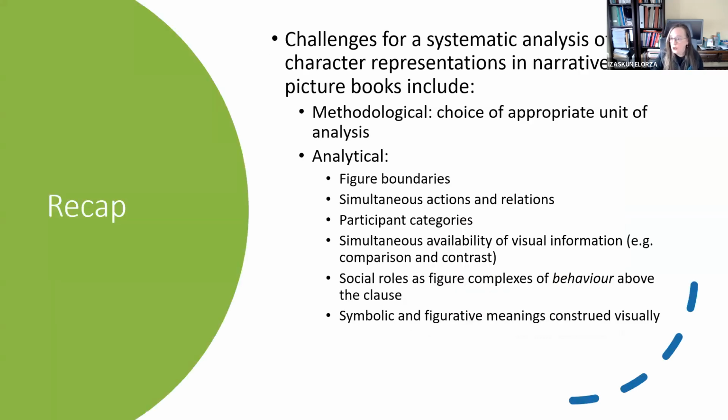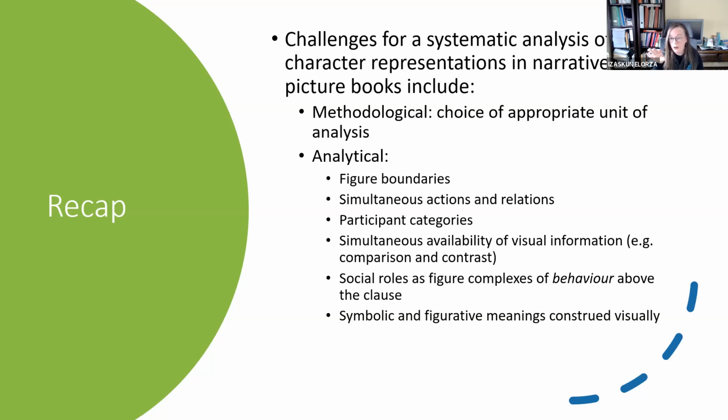But that's it. So just to recap, the specific challenges that I have been discussing: the first one is methodological, the choice of an appropriate or efficient unit that can help you in the analysis that you want to carry out. And the analytical ones: the question of figure boundaries, the simultaneity of actions and relations, the categories that we are using for identifying participant roles, the simultaneous availability of visual information that caters for comparison, similarities, and contrast differences at the same time.